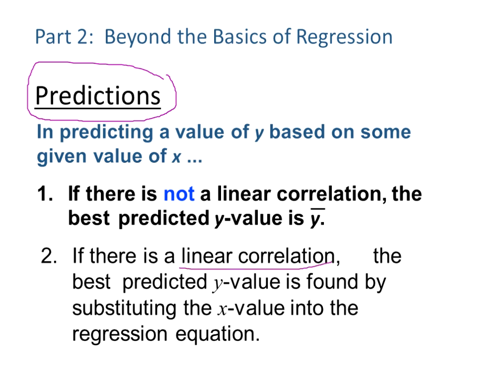If we do not have a linear correlation, then we use something else to make predictions, and that something else is the mean of the y's. So that regression equation isn't always helpful. If there's no significant linear correlation, we cannot use that regression equation.